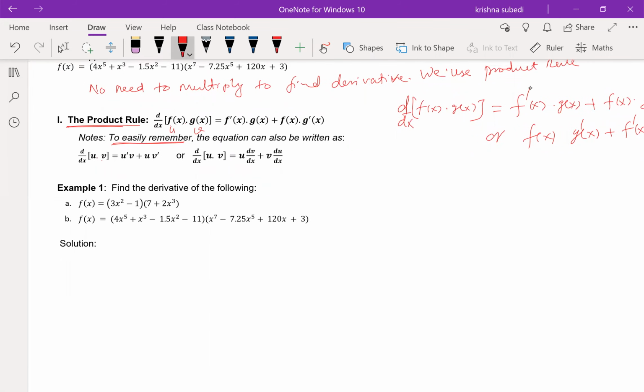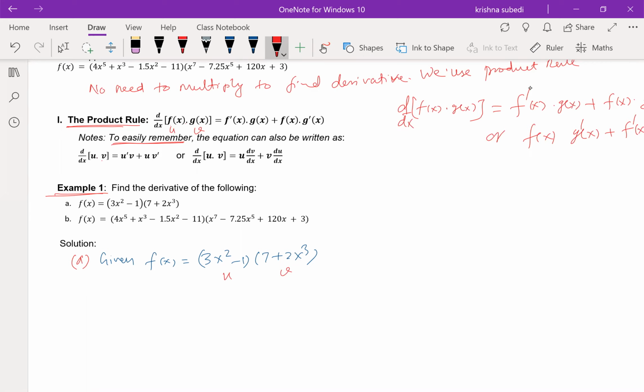Now let's look at example 1, part A. Let me just copy the function as it is. Given the function as 3x squared minus 1 times 7 plus 2x cubed, you can assume that this one is your u, and this one is your v.